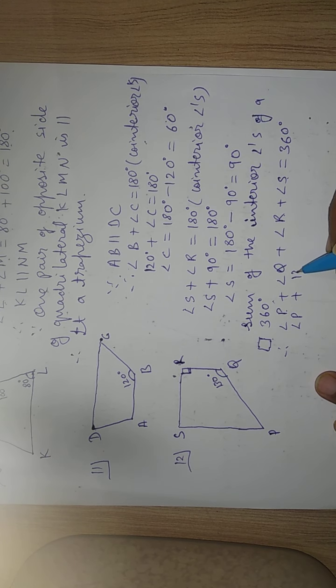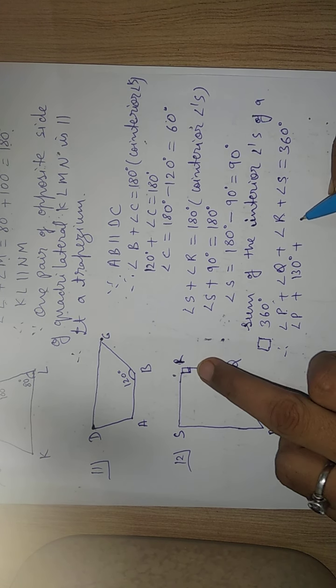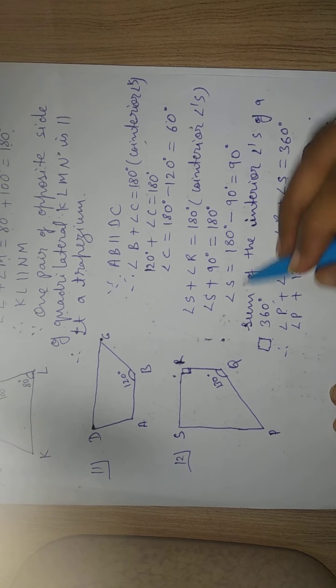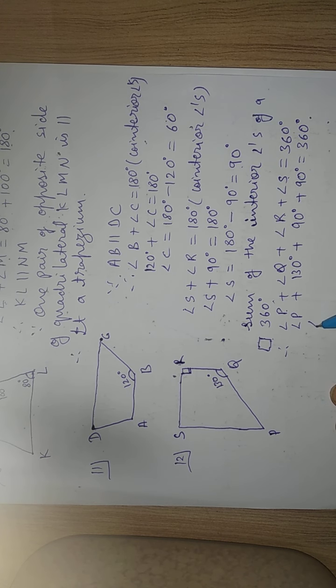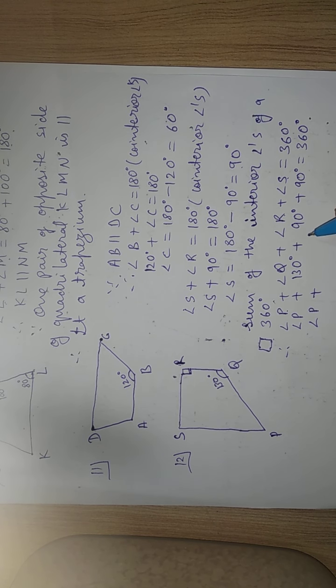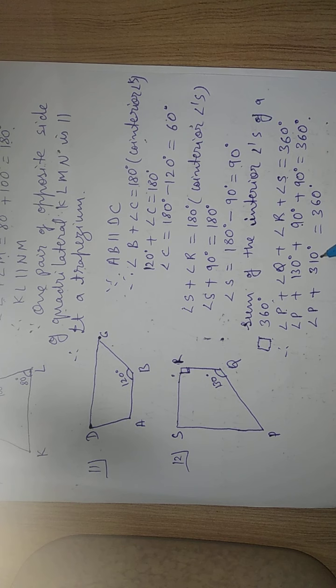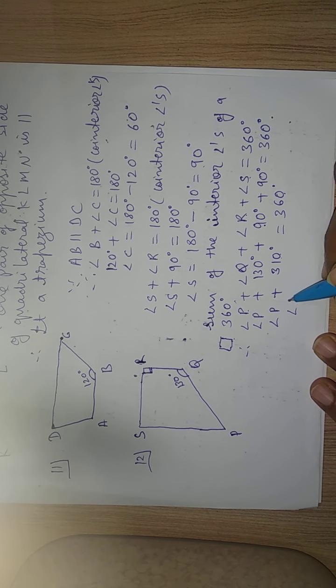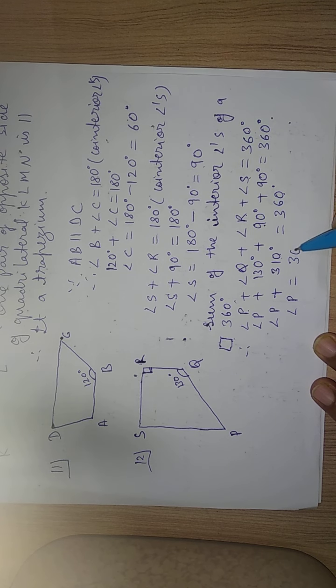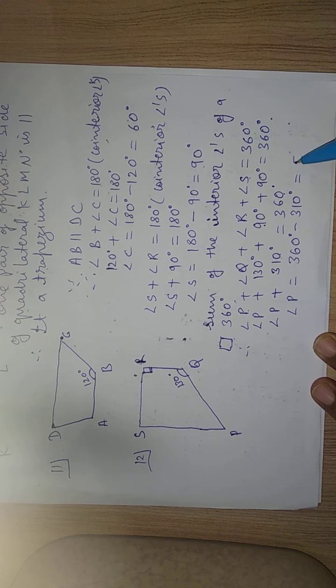Angle Q is equal to 130 degrees, angle R is 90 degrees, and angle S is also 90 degrees. So angle P plus 310 degrees is equal to 360 degrees. So angle P is equal to 360 degrees minus 310 degrees, which is 50 degrees.